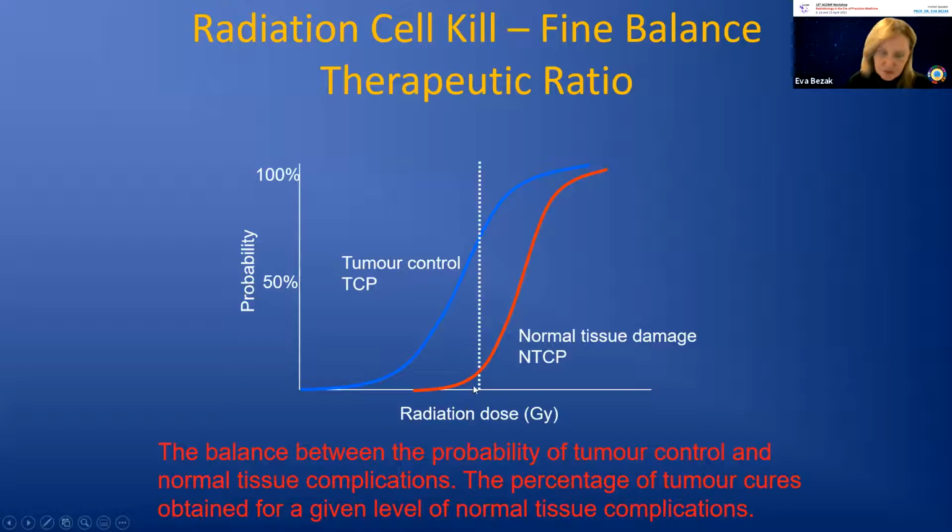And this point here is a useful therapeutic window, where the dose that corresponds to a nice separation between the TCP and NTCP curves is the ideal dose to be prescribed to a patient.